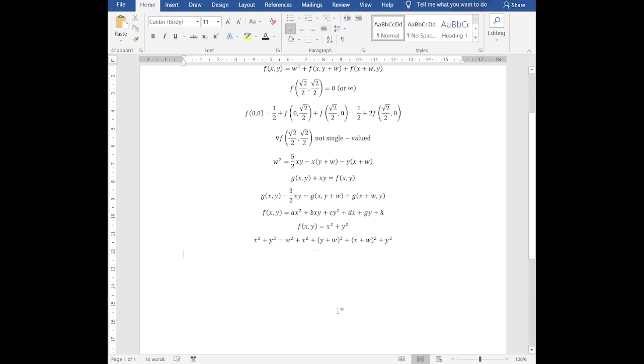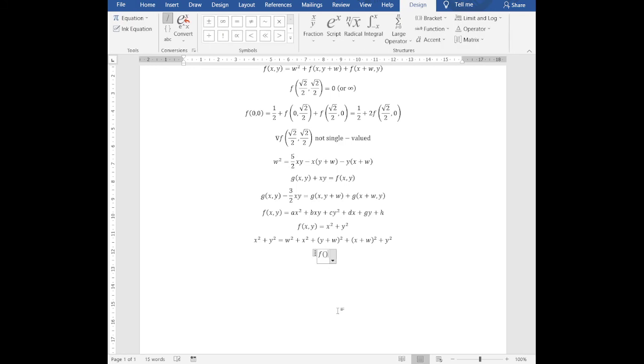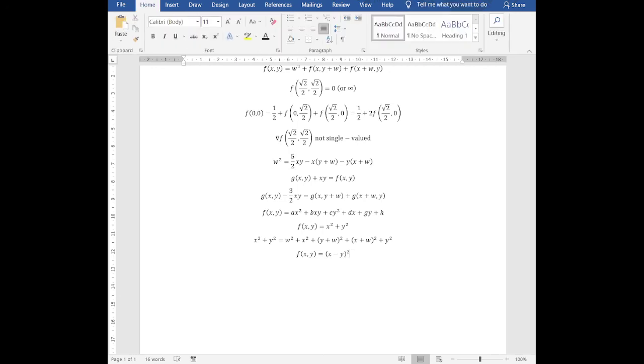But we could say that f of xy equaling x minus y all squared, that would fit at least this constraint. It would not fit this one, but it could simply be that there exist multiple solutions around that point, but we're only interested in one.